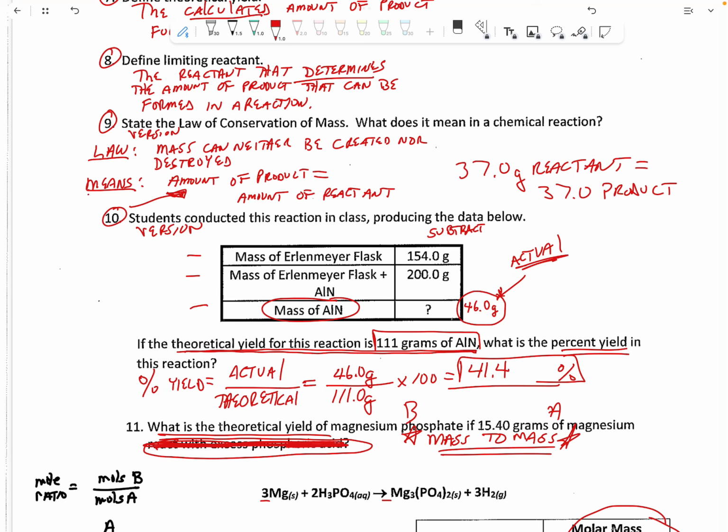That is your actual yield. You were given in the problem the theoretical yield, which was 111 grams. To find the percent yield, that would be your actual yield divided by your theoretical yield, which would be 46 divided by 111. Multiply that by 100, you get 41.4% yield.